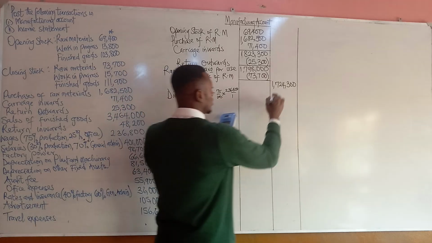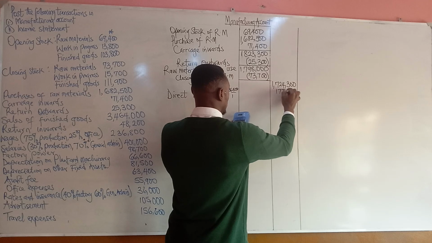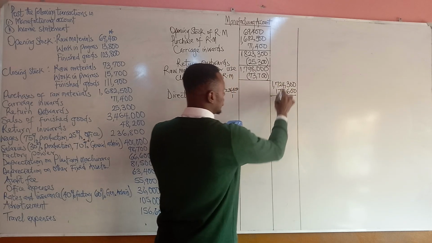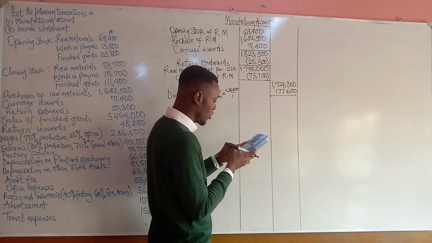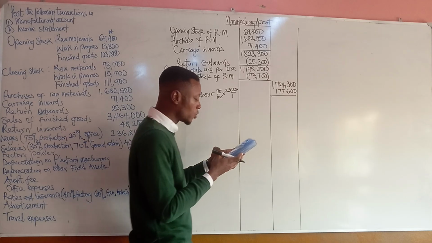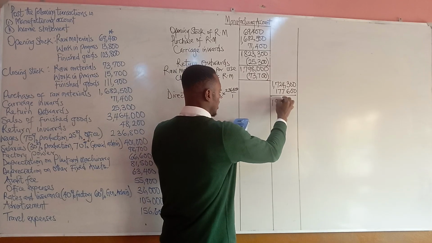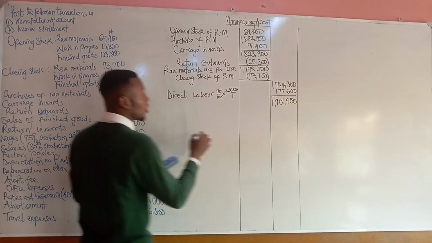This will give me 177,600. So if we add, this will give me what? Plus 1,724,300. Once we add it, it will give me 1,901,900.